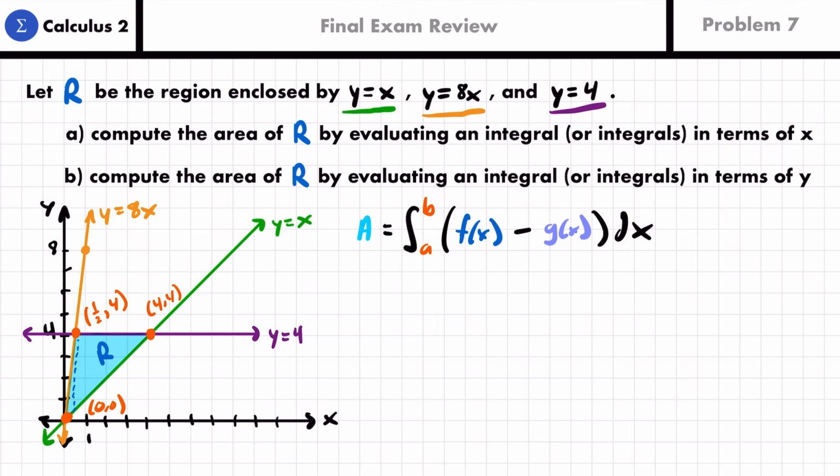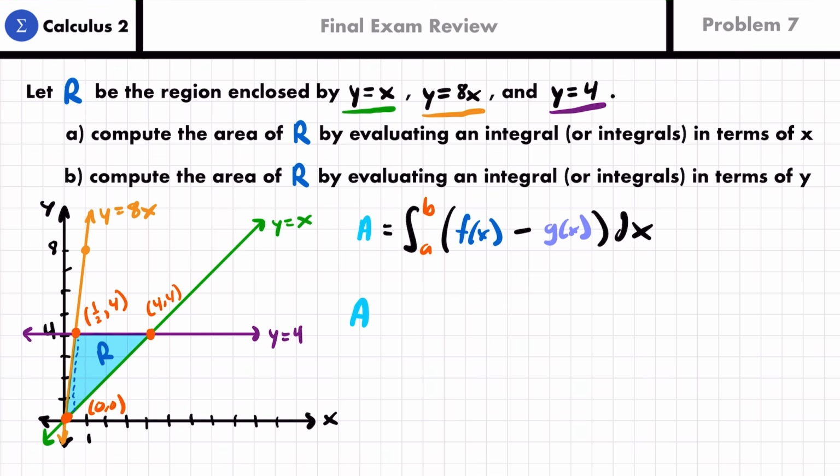So because the top function does not remain the same, because it changes throughout the region, we can't calculate the area of the region with just one integral. We have to use 2 integrals. We have to split up this area calculation into 2 parts. We'll calculate the area of this little piece right here, and then we'll calculate the area of this piece. Okay, so let's set that up here.